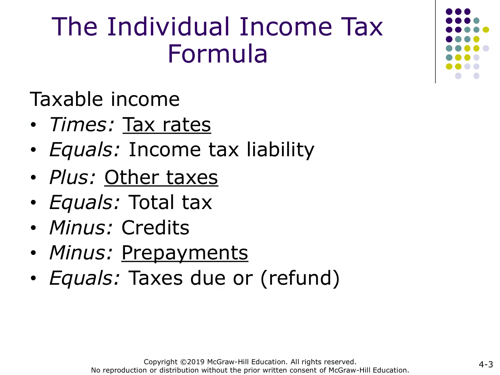Once you get your taxable income, this is your tax base, and we could call it your regular income tax base. Multiply that by your tax rate, that gets you your income tax liability.